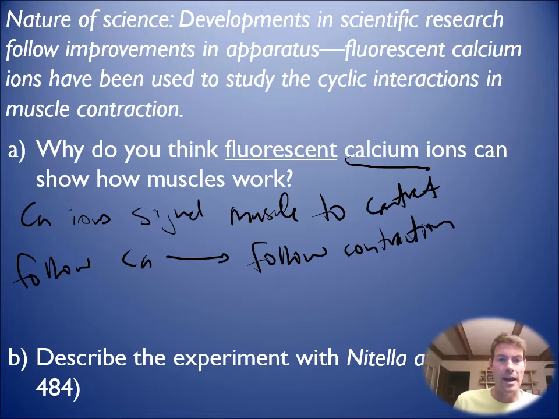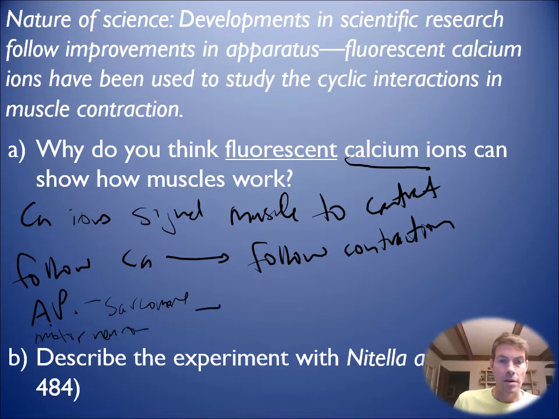Remember, you have the action potential show up at the sarcomere, and this would be from a motor neuron, just to add that in there.